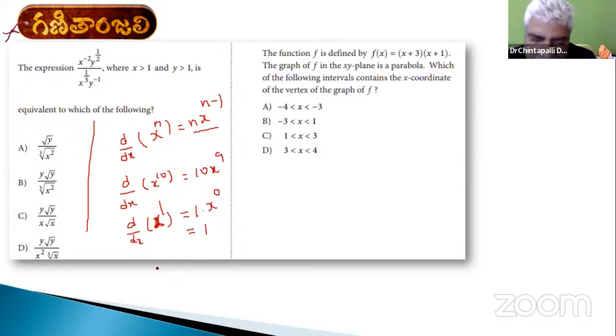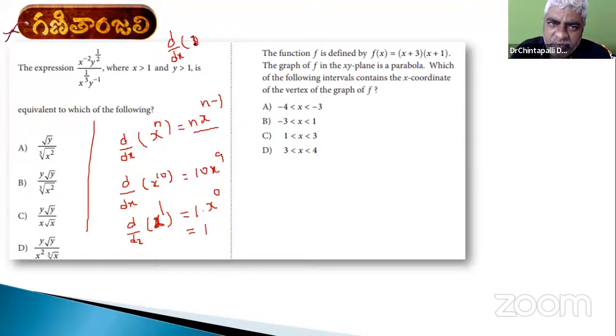You must know this, because in multiple places you need to know how to find a derivative. What is the derivative of 2x? 2. Derivative of 3x? 3. Derivative of 4x? 4. And what's the value of the derivative of 1?